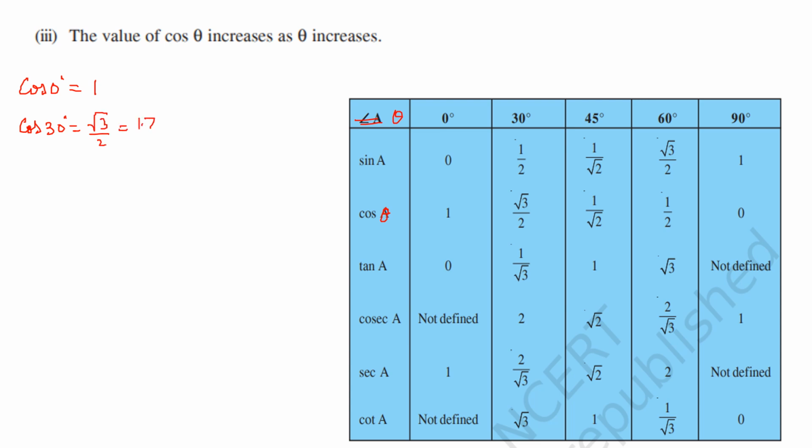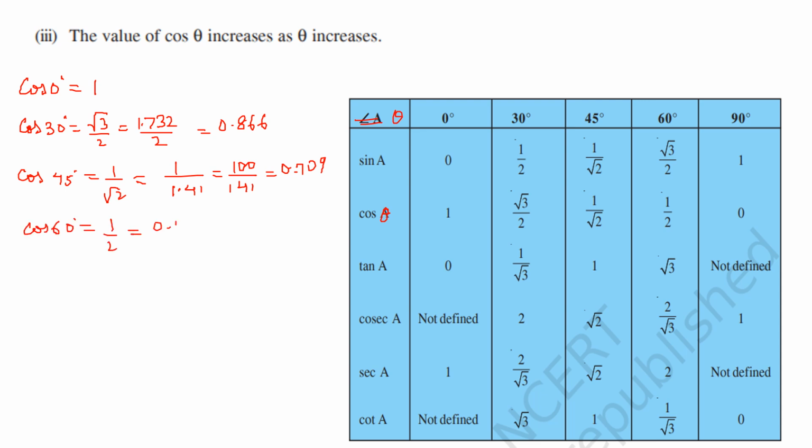If I take root 3 as 1.732, I will get 0.866. Then cos 45 degree is 1 by root 2, which will give me 1 by 1.41, 100 by 141, which gives 0.709. Then cos 60 degree is 1 by 2, which gives 0.5, and cos 90 degree is 0.